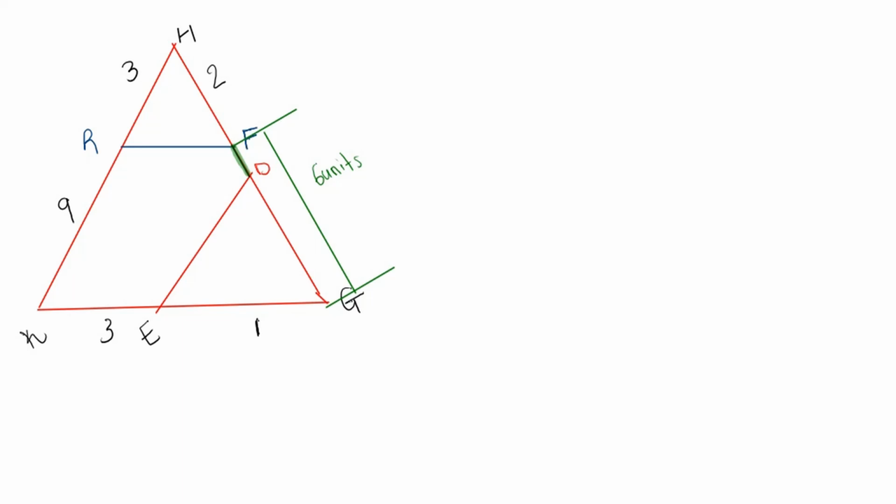The proportionality theorem in this case for this triangle says that GE over EK is equal to GD over DH, and the reason that you can give for this is ED is parallel to KH, or you can say proportionality theorem.